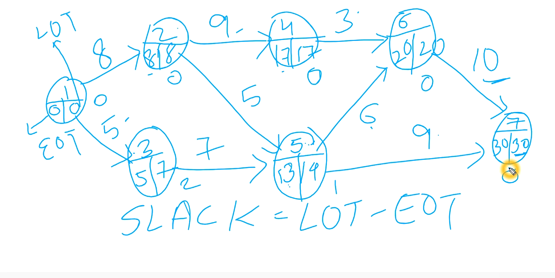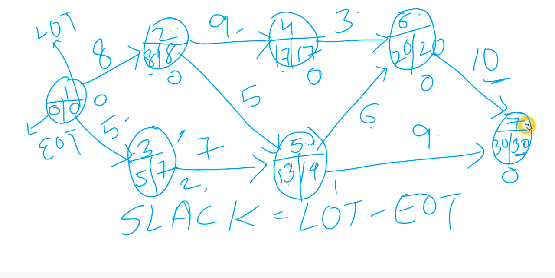So as you can see, there are some activities whose slack are 0. The activities which are having slack as 0 are the critical activities, because there is no delay allowed in these activities. As you can see in activity 3, the slack is 2. It means 2 weeks delay is allowed. But there are certain activities like 1, 2, 4, 6 and 7 where the slack is 0.